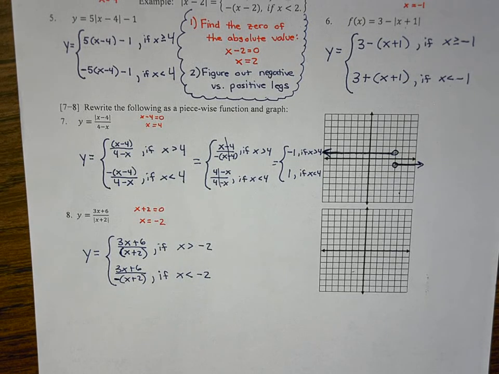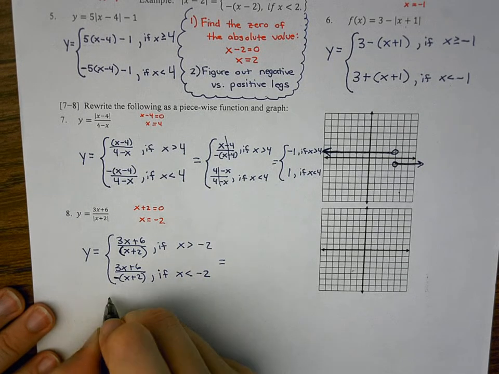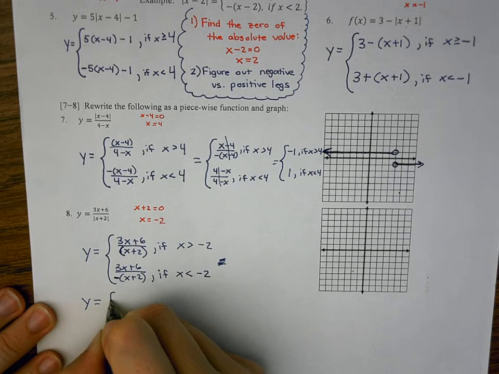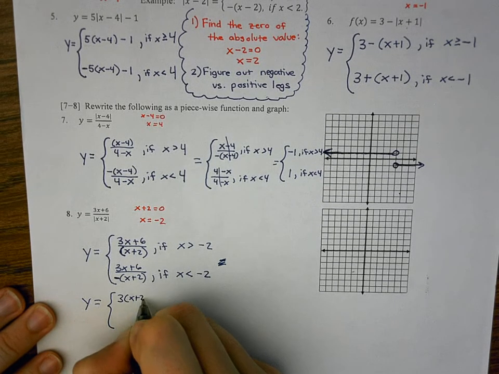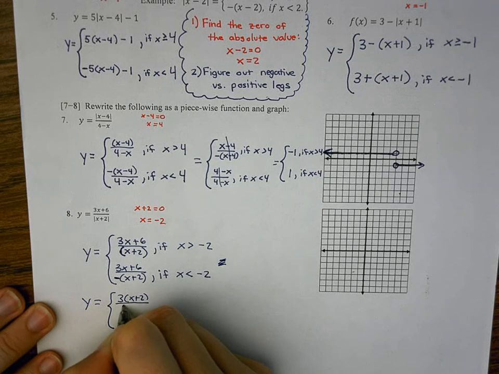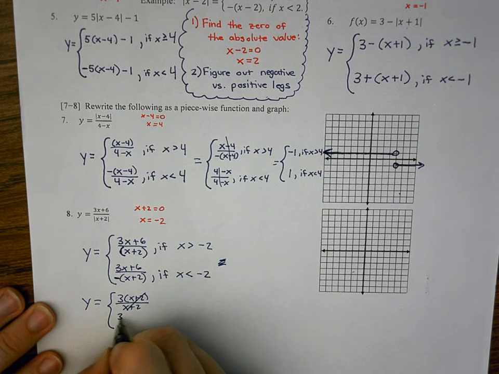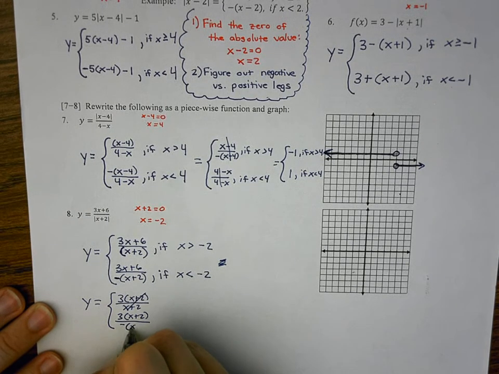And then for graphing purposes, I'm going to do this one underneath. Y equals, we factor out a 3 on top, which will be handy because that will allow the x plus 2's to cancel. Down here, factoring a 3 out on top as well, we'll let my x plus 2's cancel.